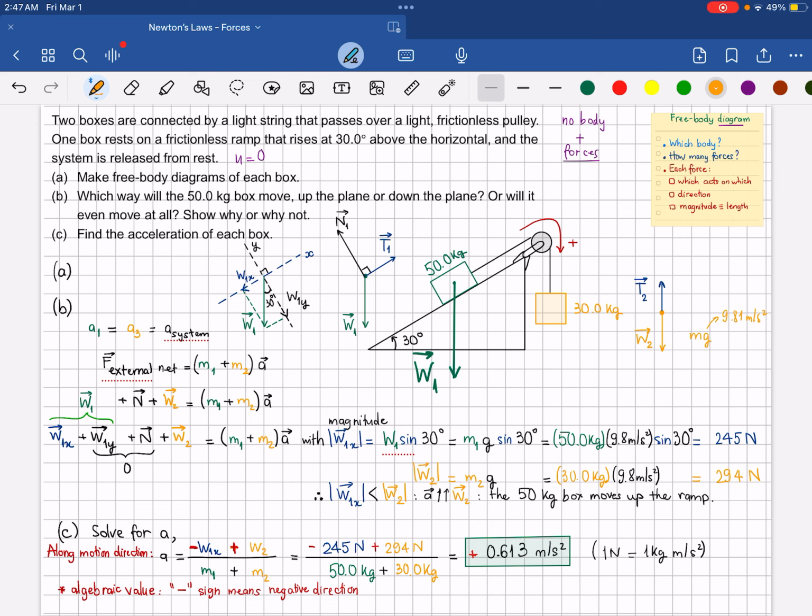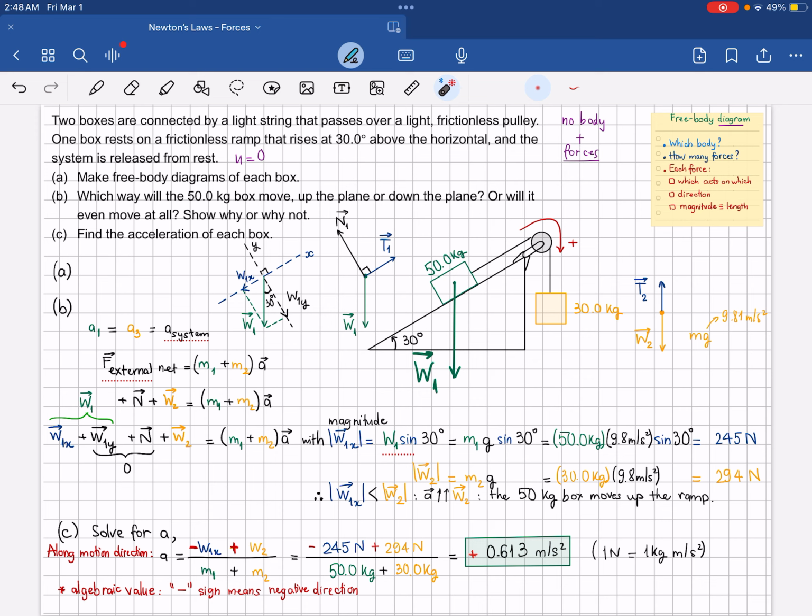Okay, and here we have a rod, a string, and this one should pull the box upward, and actually we need some force that is upward, or if we don't have it, then the box will just fall to the ground. So this is the tension. So those are the two forces acting on the 30 kilogram object, and this is the free body diagram.